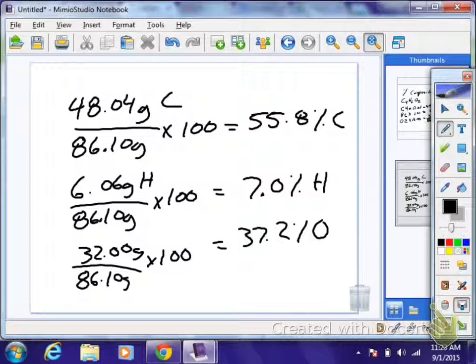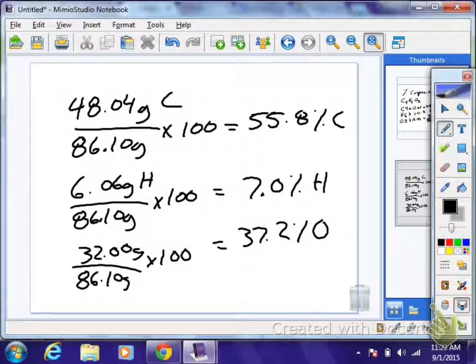Okay, any thoughts or questions on that? So that's all you're doing. Now, the opposite of this is if I take these percents and go back to find the formula. If I can go through the steps to find the percents based upon the numbers I have, then I can take the percentages and go backwards, and come up with what's called the empirical formula.